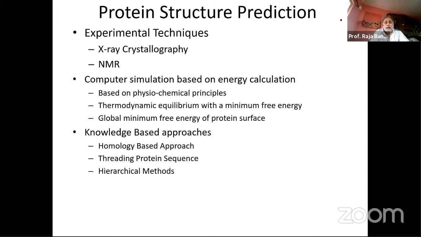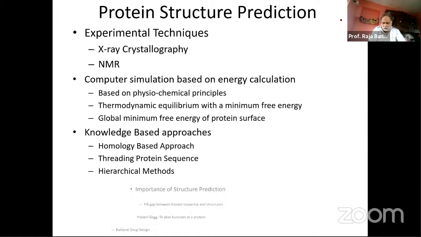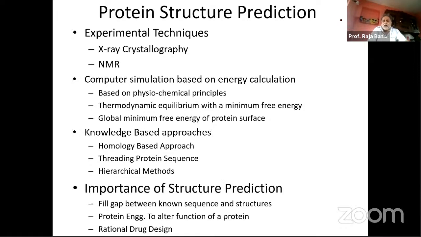In case of computational techniques, we have the knowledge-based approach, that is homology modeling, threading, I-TASSER, and hierarchical methods. Why do we have to do this? Because the prediction of the structure is important to understand the function. If you know a sequence and have a structure, it will be easier to predict the function. So people are working on that.